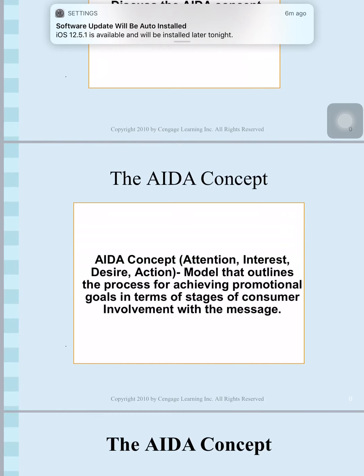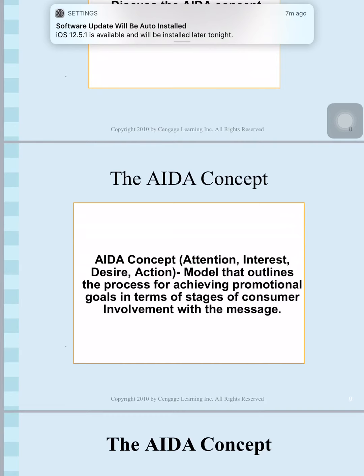Basically, this concept is how to get someone to buy the goods or services. It is the way you use the concept to take action, in order to achieve the promotional goals.